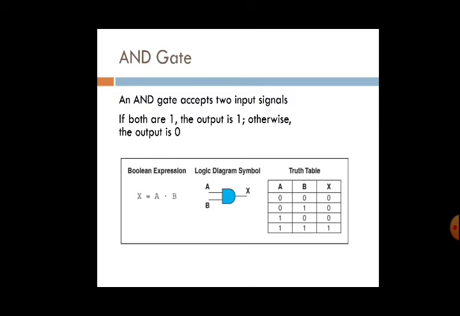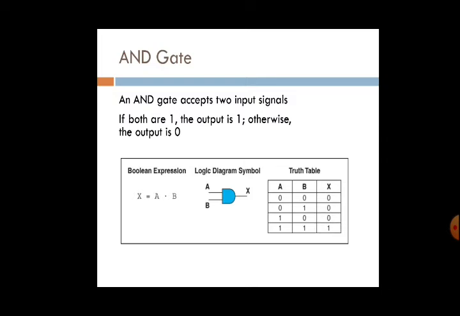When input A is 0 and input B is 1, output is 0. When input A is 1 and input B is 0, output X is 0. When both inputs are 1, output is 1, right?